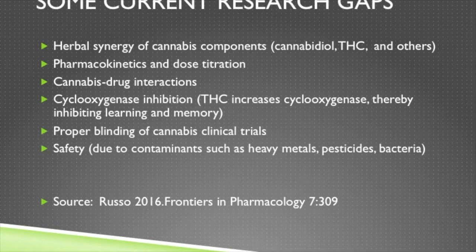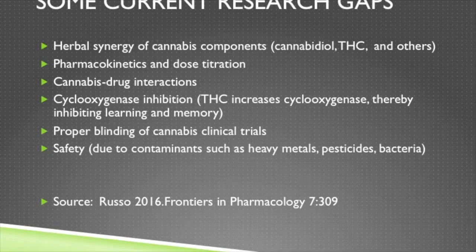There are a number of gaps in current research, however, and as you can imagine, it's a little difficult to do research, given that the federal government is basically prohibited from doing research on a federal level. So getting research funds is something that people have to scramble to do.